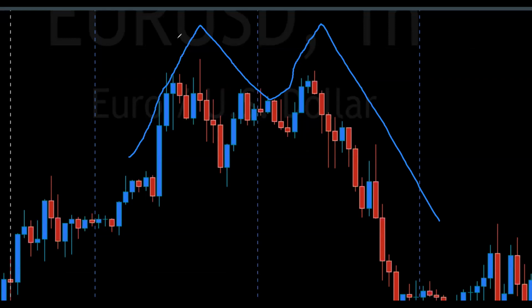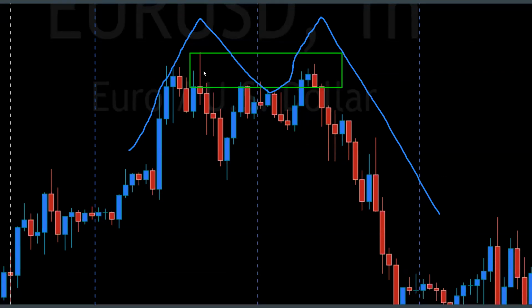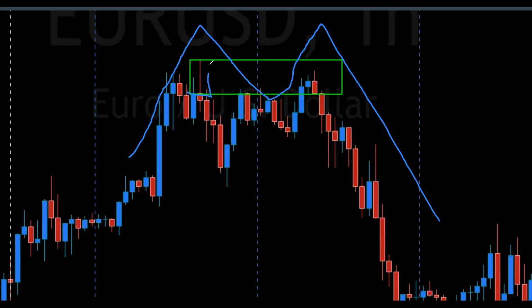Who cares? Now, once we have that, I'm taking these wicks right here, okay? I'm extending that zone out, which I'm showcasing with the green box here. And as you see, what candlestick pattern do I have right here?